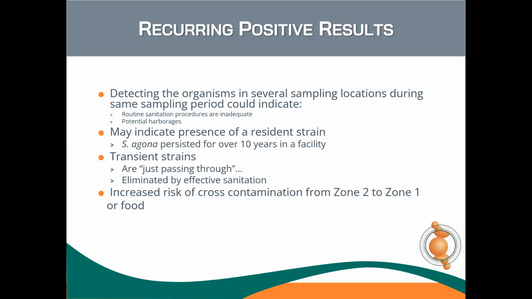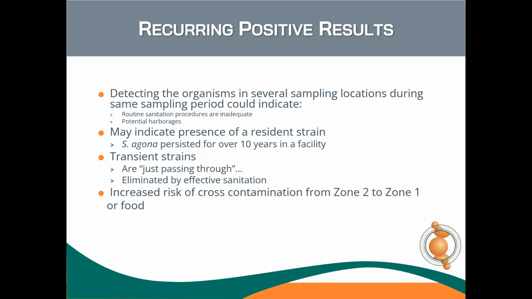For example, there was a salmonella suspect that we have helped with that was found in a facility for over 10 years. So you really got to make sure that you're identifying if there is a resident strain and not just a transient strain. Speaking of those transient strains, those are strains that are just passing through.